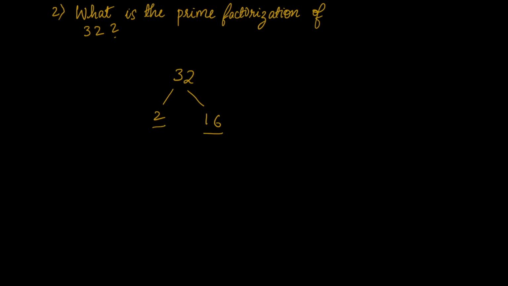Now let's continue to break down the composite number. 16 is also divisible by 2, and so you can break it down into 2 into 8. Continuing the same process for 8, you can break 8 down into 2 into 4, and then break 4 down into 2 into 2.